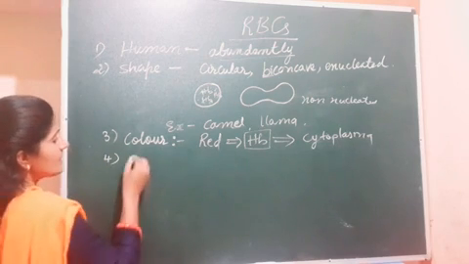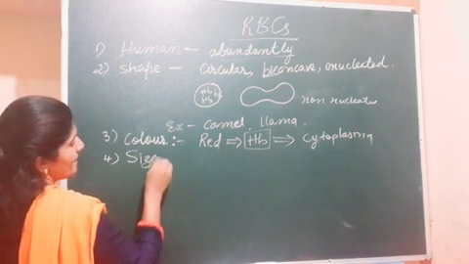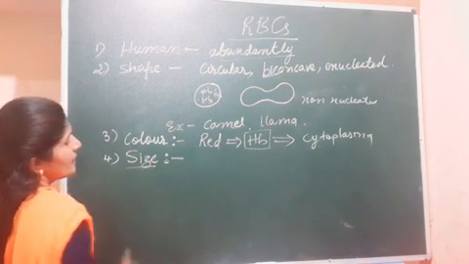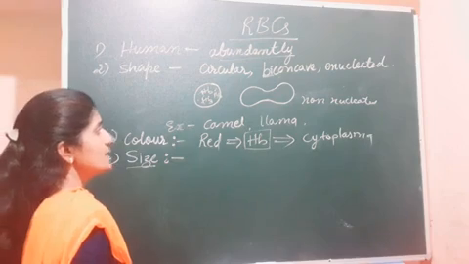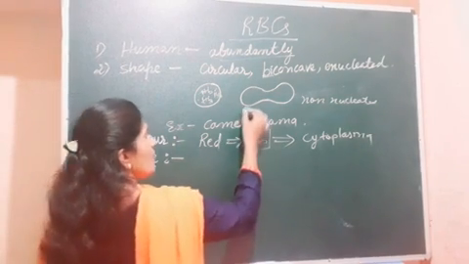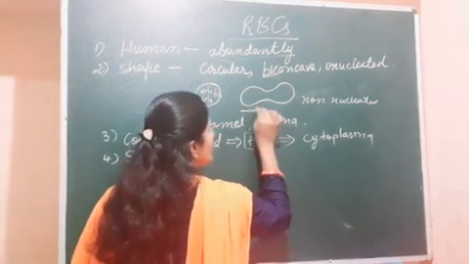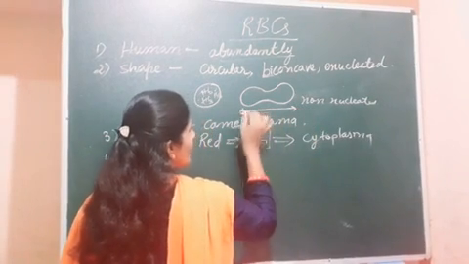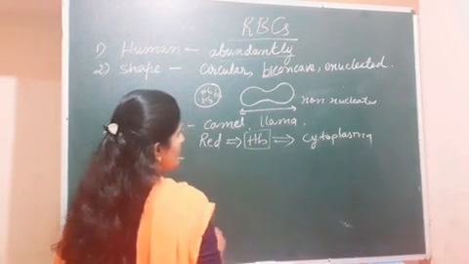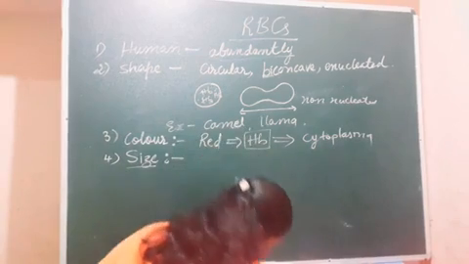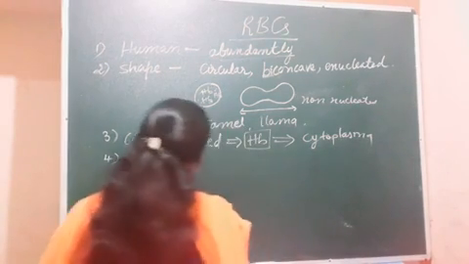Next, the size of the RBC. When we calculate the diameter of the RBC, it is 7 micrometer.